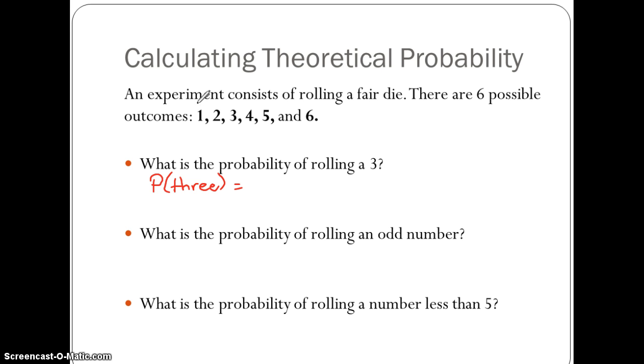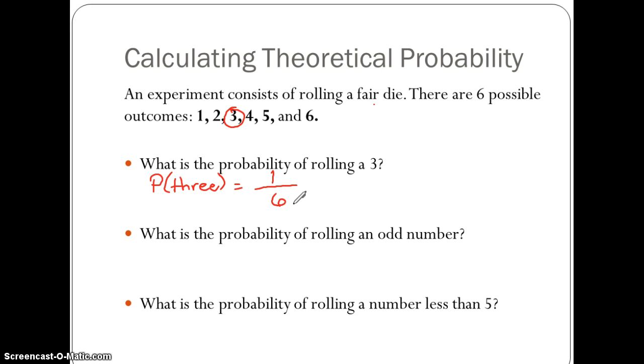Now we look at our sample space and we have a total of 6 outcomes. There are 6 possible outcomes. Of those 6 outcomes, how many of them are 3? There's only one outcome that says 3. So the probability would be 1/6.